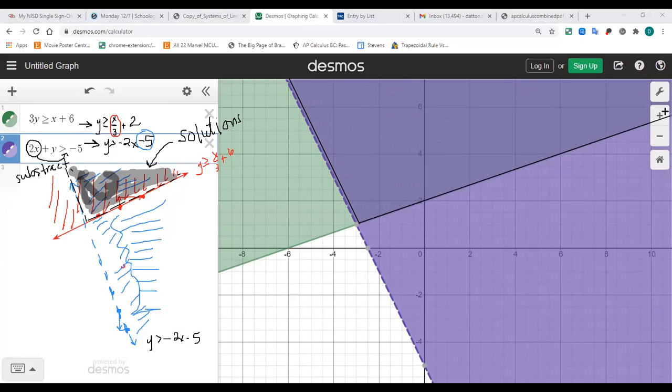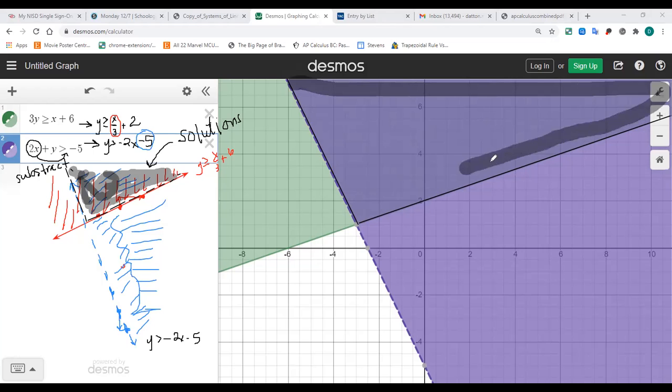As close as I could get on this guy, like this. I'm going to be right next to the dashed line, but not on it. As close as I could get right there. This is my shaded region that I can include all points here.